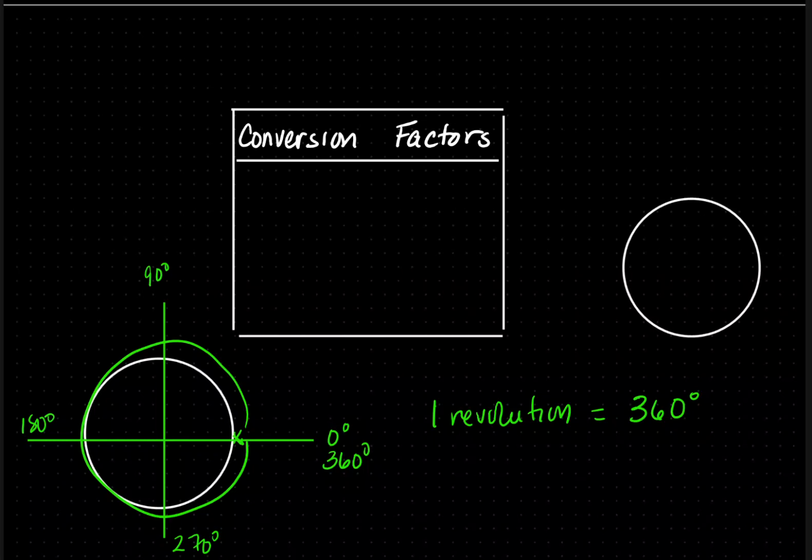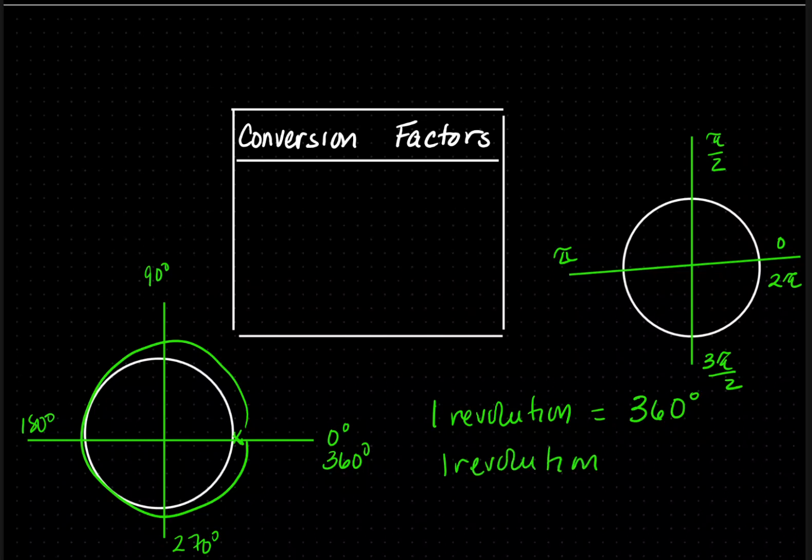You also know that in math that, again, if I draw this into quadrants, if this is 0, this is pi over 2, this is pi, this is 3 pi over 2, and so this is 2 pi. So that tells you that also one revolution is equal to 2 pi.